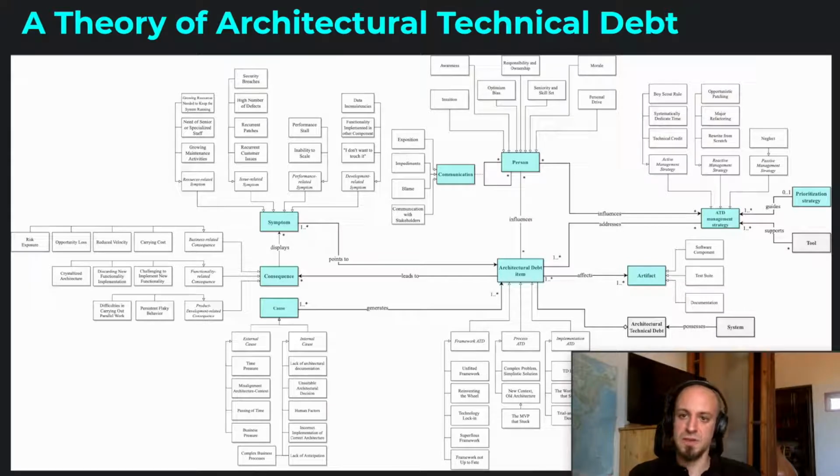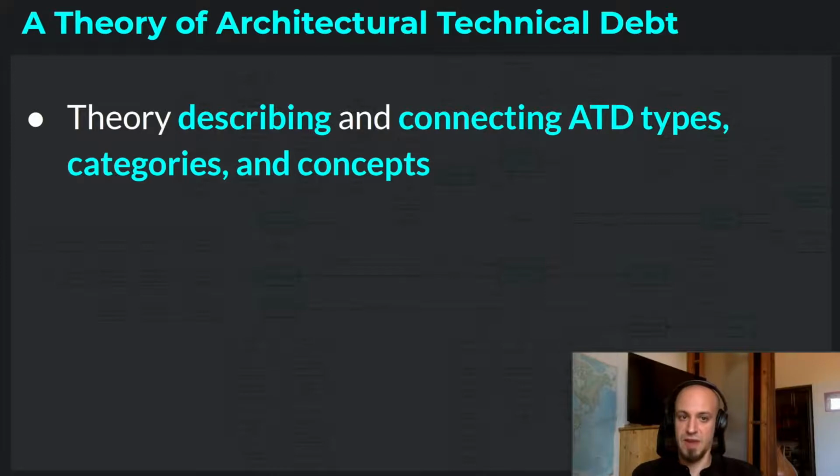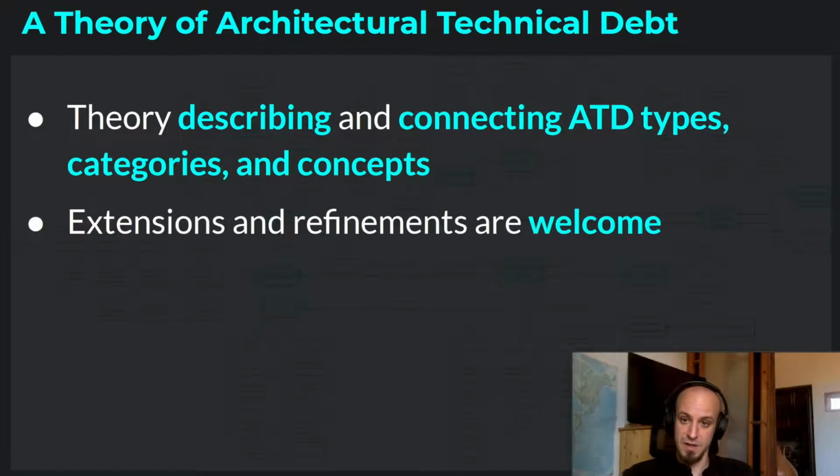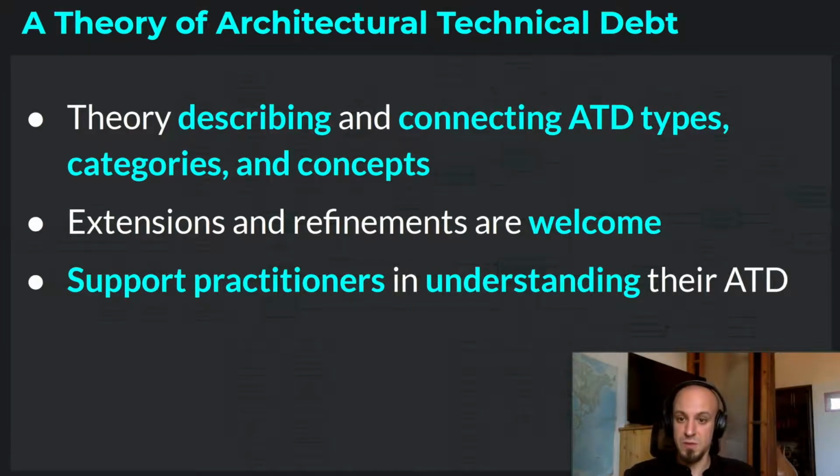To conclude, in this paper we present a theory of architectural technical debt, and it describes and connects the different architectural technical debt items, categories and concepts that we identified as related to this phenomenon. Of course, this is a grounded theory study, so it constitutes a mid-range substantive theory. So we more than welcome extension and refinement of our findings. The theory, we hope, can support practitioners in understanding the architectural technical debt they experience.